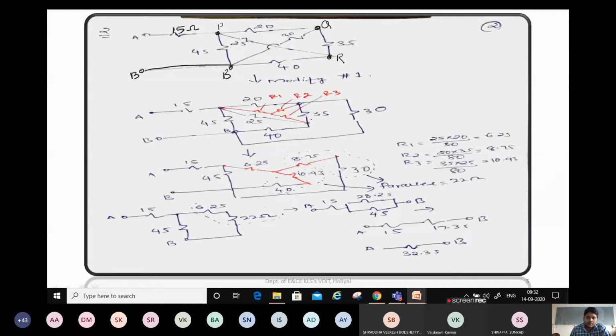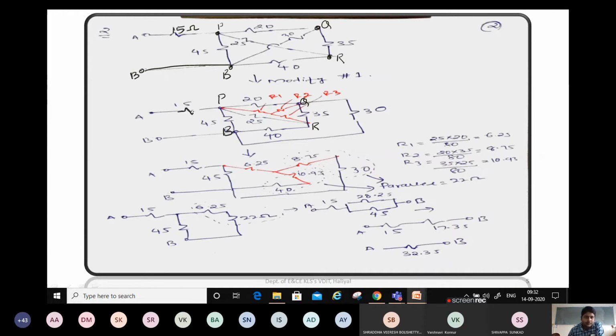Here I am just modifying things. Modifying in the sense that I am not changing the circuit property. The view is modified. If you trace, this is Q and this is R and this is B.